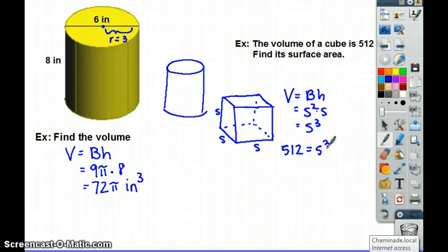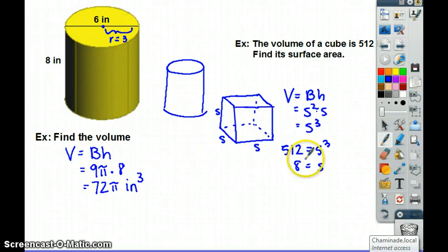Well, if that's true, to find the side, I have to take the cube root of 512. So I have to ask myself, what cubed gives me 512? Well, it turns out 8 is the answer. And your calculators all have different ways to find them.